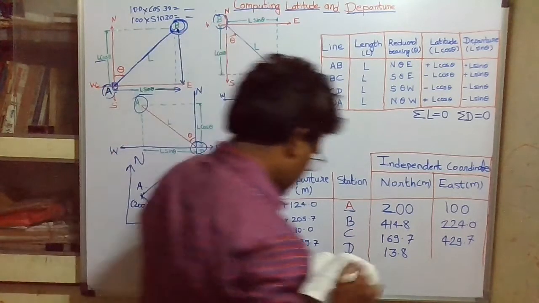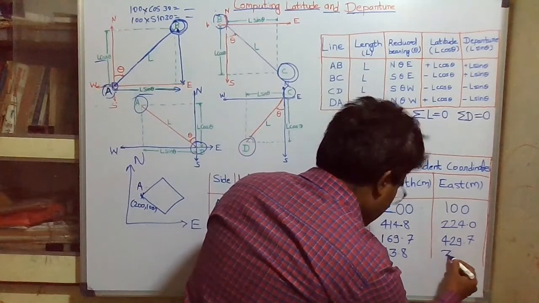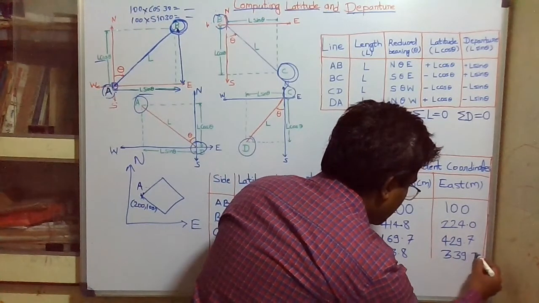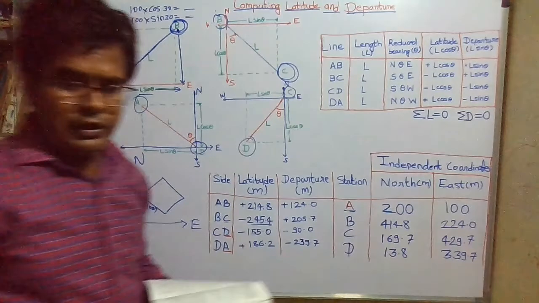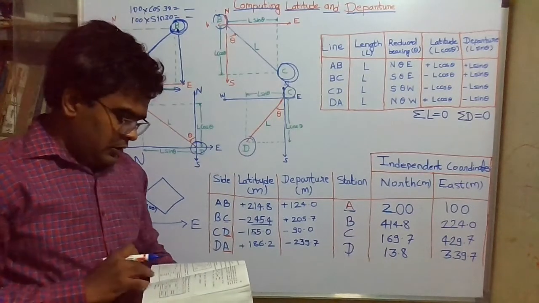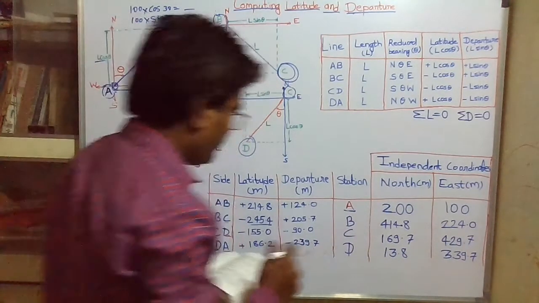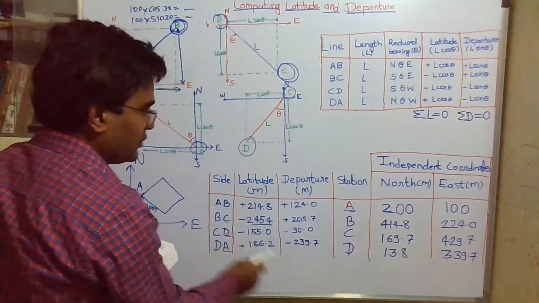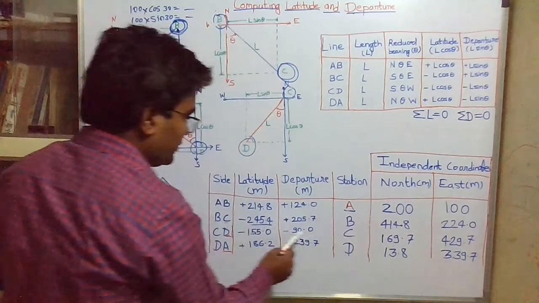And here we get 339.7. How did we get this? By adding 169.7 minus 155 and 229.7 minus 90.